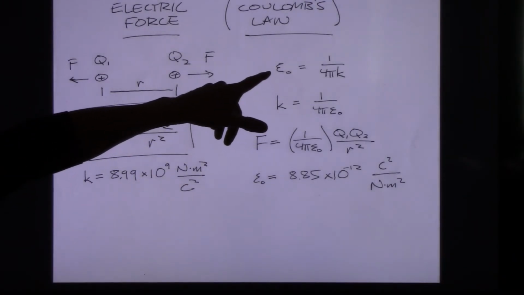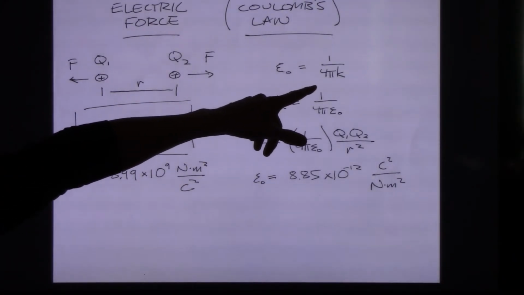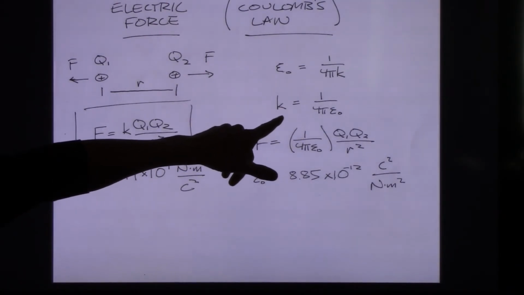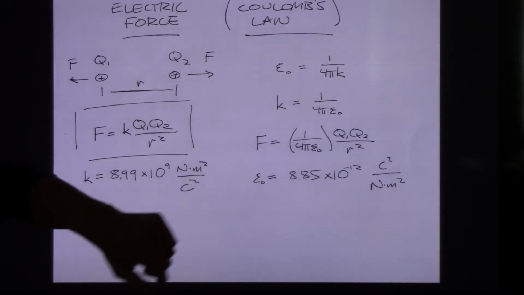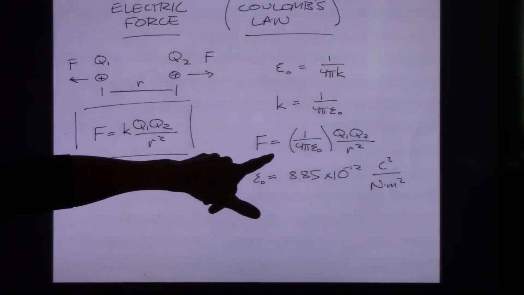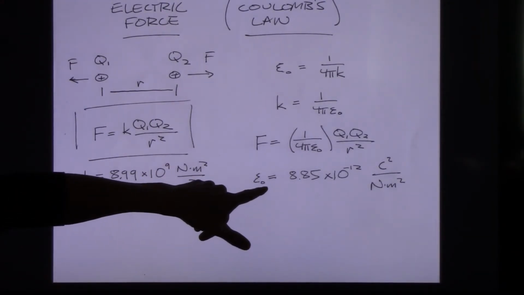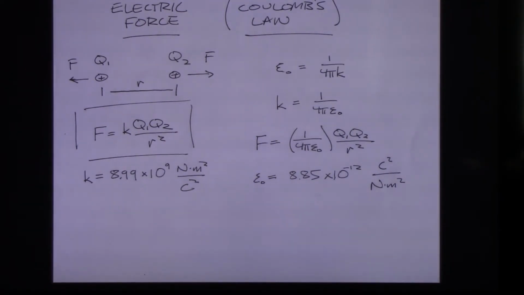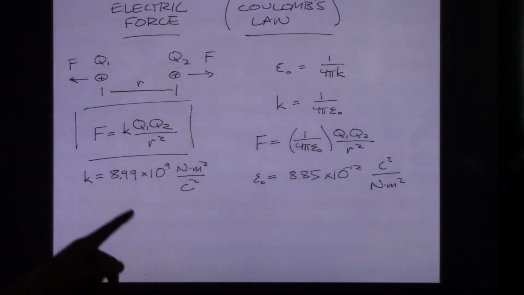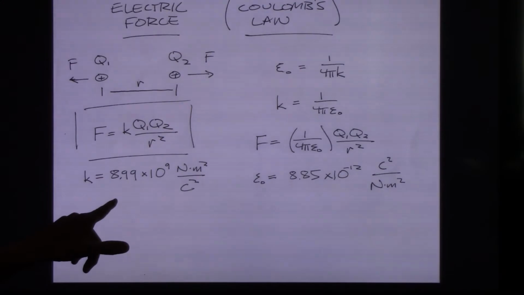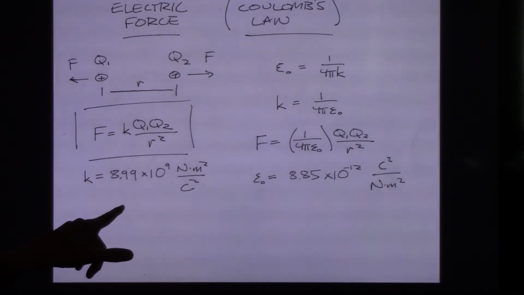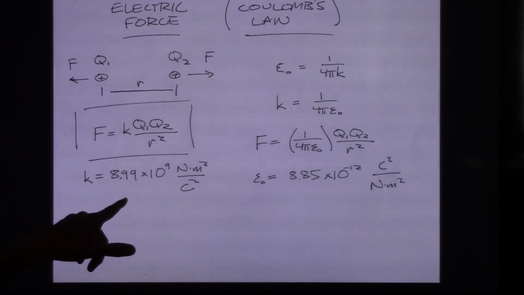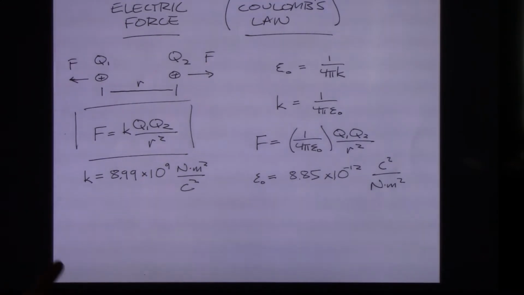So this permittivity is equivalent to the k that we're working with being 1 over 4 pi epsilon naught. The force then looks like this, and the value of epsilon naught is 8.85 times 10 to the minus 12 coulombs squared per newton per meter squared. Now, I'm going to exclusively use the k approach, because I think that's a more useful way to understand how electric and magnetic forces are all related.